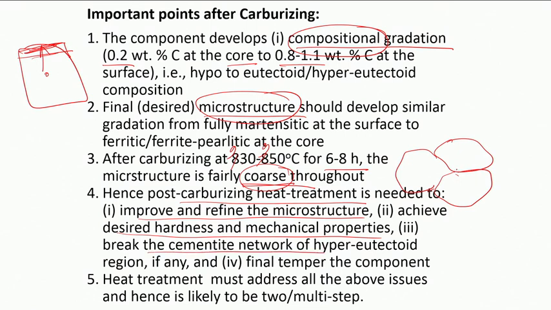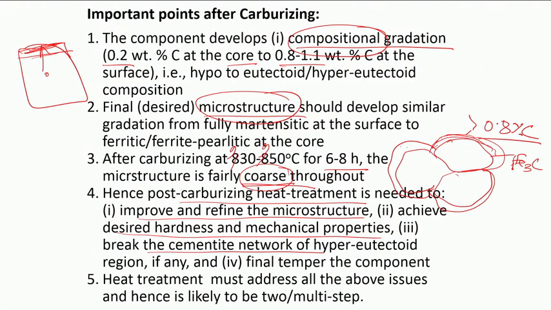Now, generally, if you go to 0.8 and above, or let's say 1% carbon, then the austenite will be covered by a cementite network like this. So this will be your Fe3C if the composition of the steel is hypereutectoid, that means greater than 0.8% carbon. This cementite network is very hard and also very brittle.